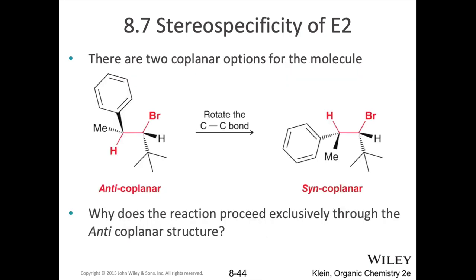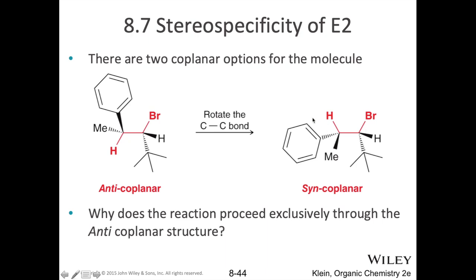So essentially, to be coplanar, you have two options here. You could be anti-coplanar, where the hydrogen and bromine are anti to each other if you were looking down that carbon-carbon bond, or they could be syn, where they're kind of overlapping each other in an eclipsed formation.